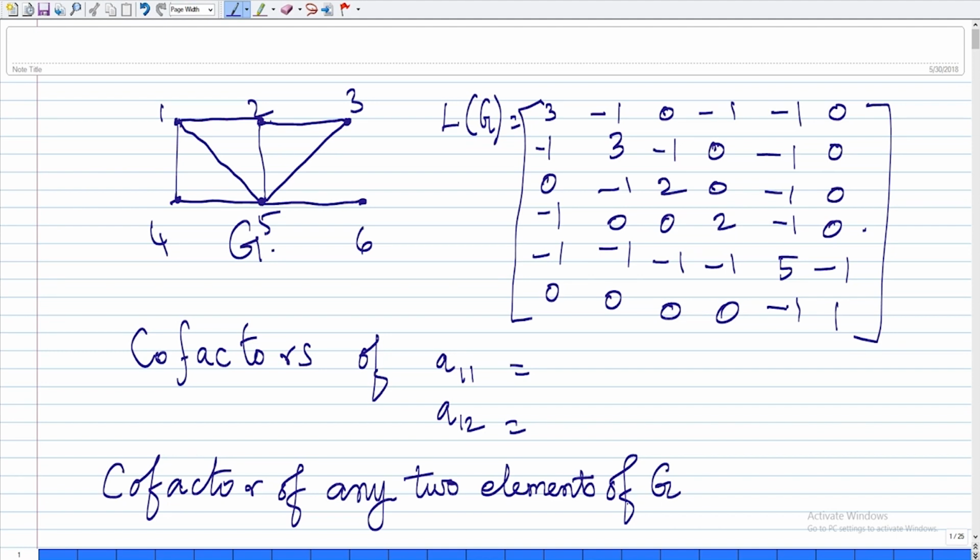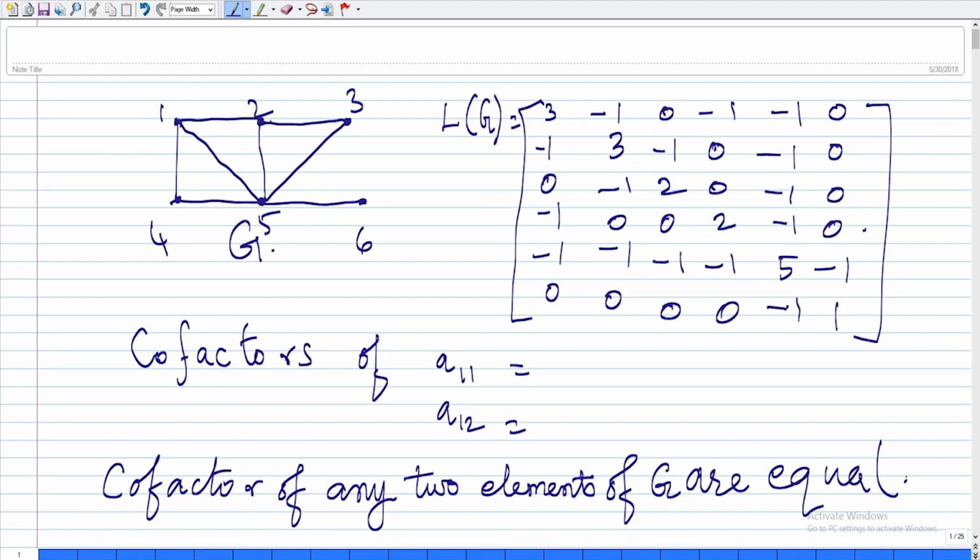Any two elements in this matrix you take, say A4,6 and A3,2, if you pick out any two elements, you will see the cofactors of these two elements are going to be equal. There is a very nice principle, so I will leave it now for you. You can get a feel for this.